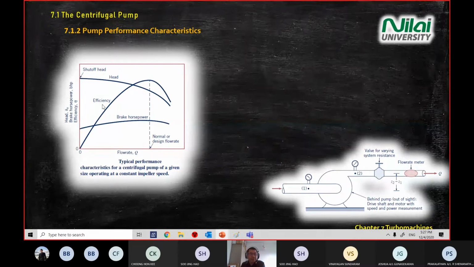First, look at the efficiency line. Then you look at the peak value of the efficiency. Then from the efficiency, you drop down, you get the flow rate of the pump. Then you extend up, you get the brake horsepower. Then you extend up, you get the head from the pump.